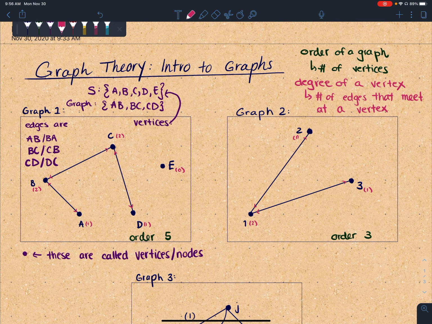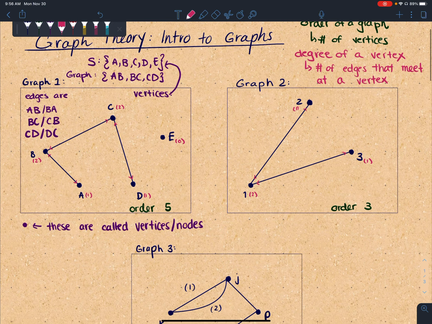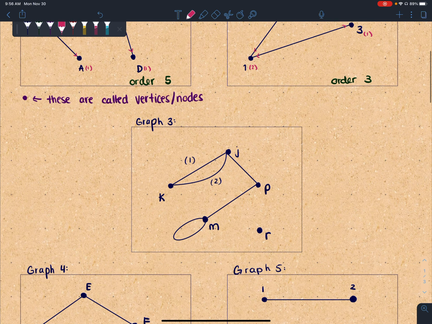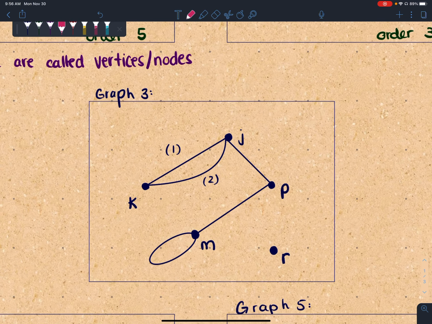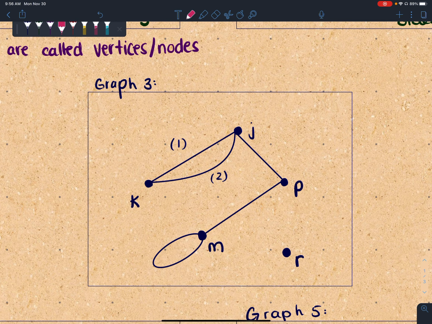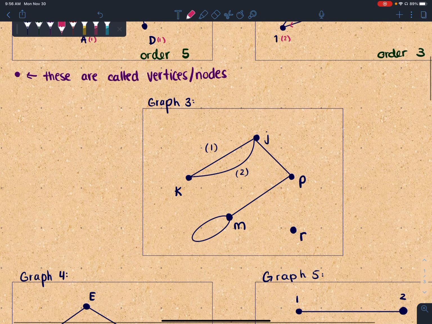Okay, so now we're going to take a look at graph 3 since that has a little bit more going on with it. And we can talk about more interesting stuff here. So for graph 3, we have our vertices, we have our connections, and now we have some kind of funky stuff happening.